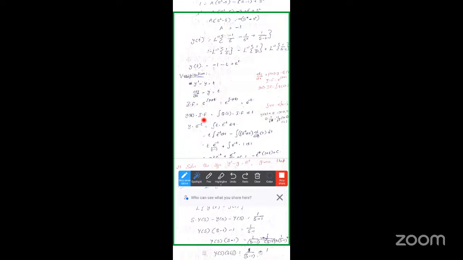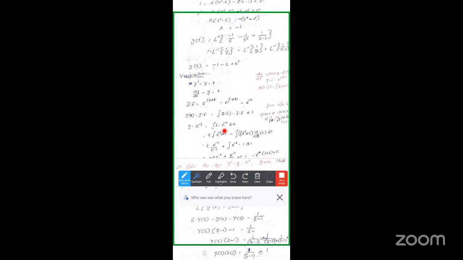Substituting here, the general solution of the given differential equation is y into integrating factor equal to integration of q into integrating factor into dt. So y into e power minus t is equal to integration of t into e power minus t into dt.